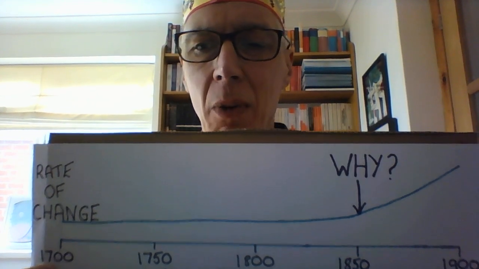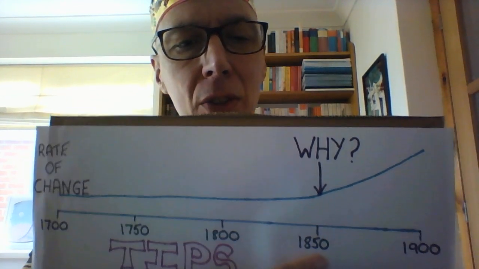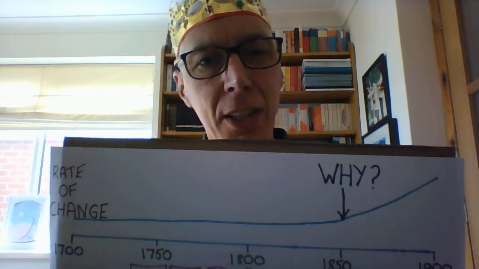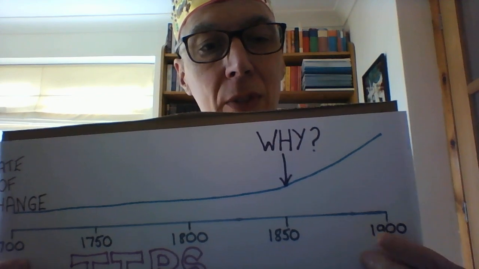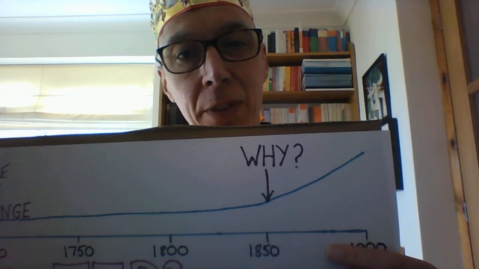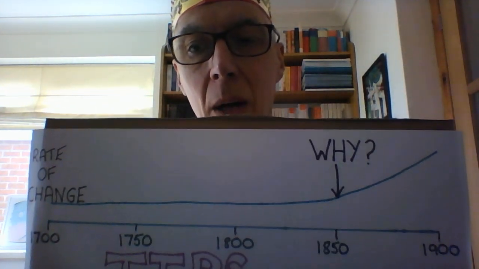And in the previous video, I suggested that 1700 to 1850 in the nature of change in weapons was very, very slow. And most of the change happened after 1850. And it's pretty much still the same as regards the armies.